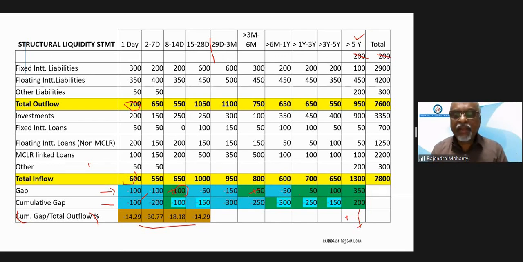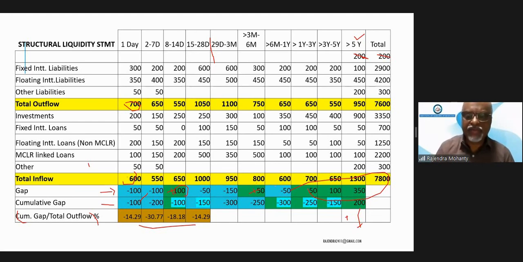Now here we can see another thing, see the gaps here. Only the positive gap is happening in the 8 to 14 days, 3 months to 6 months, 1 year to 3 year, 3 year to 5 year, and above 5 year. That means there is no liquidity problem as far as the long-term period is concerned.